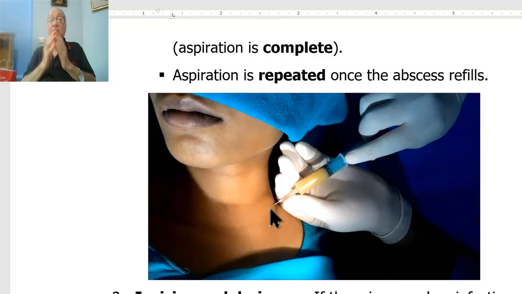This is the routine treatment of cold abscess. Aspiration, and at the end of aspiration, inject streptomycin, repeated once the abscess refills, and the aspiration should be done through healthy skin in valvular manner, and stop aspiration once blood appears. That means complete evacuation of the abscess.